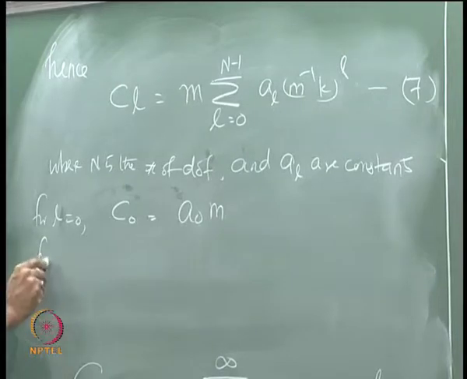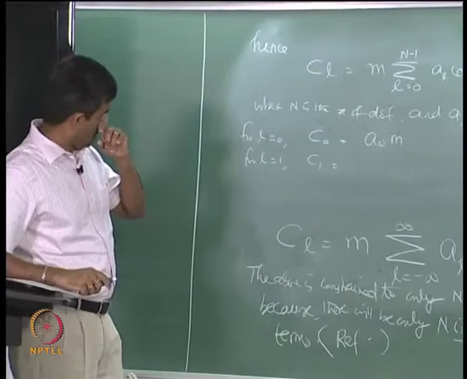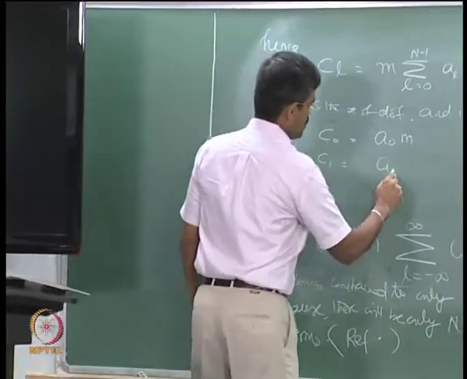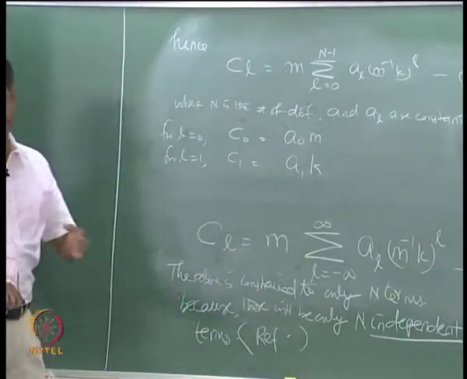And for L equals 1, C1 will be equal to A1, M inverse goes away, K. So, I am getting back the Rayleigh damping again here.